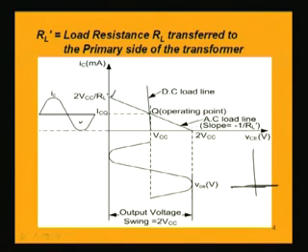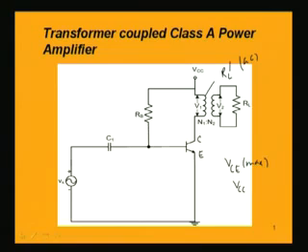When this collector current, which is flowing in the primary of the transformer, goes down, as soon as it starts decreasing, we should remember that the collector current is the factor which establishes the flux in the core.